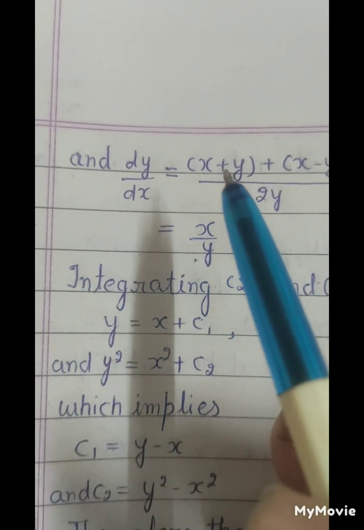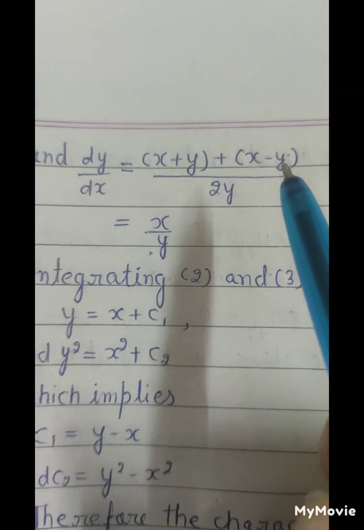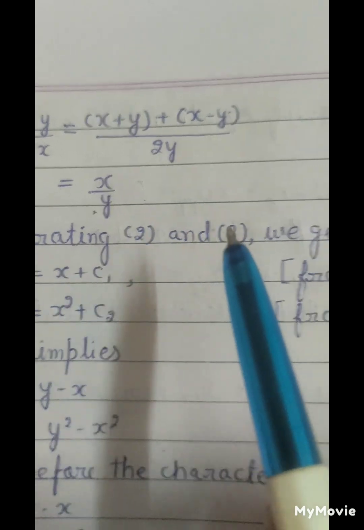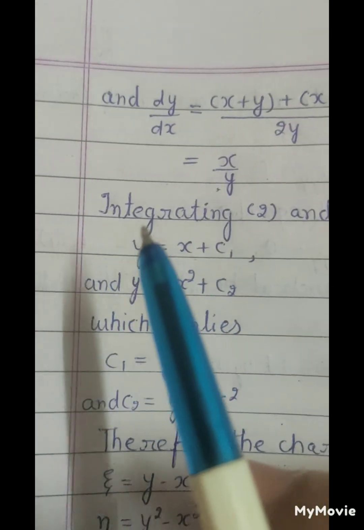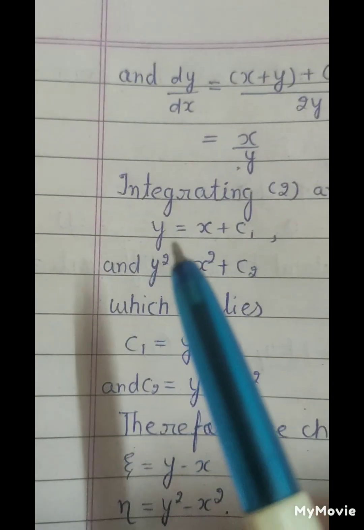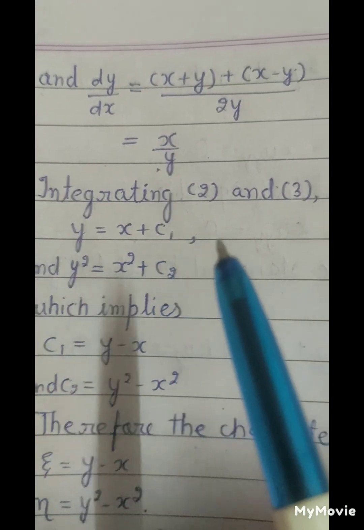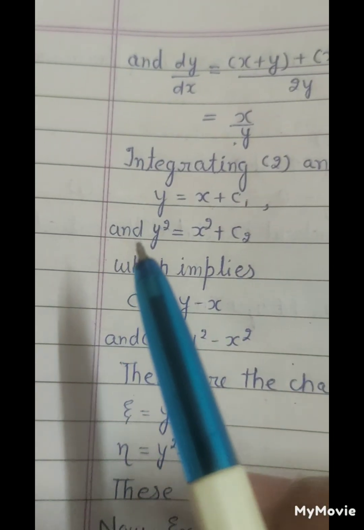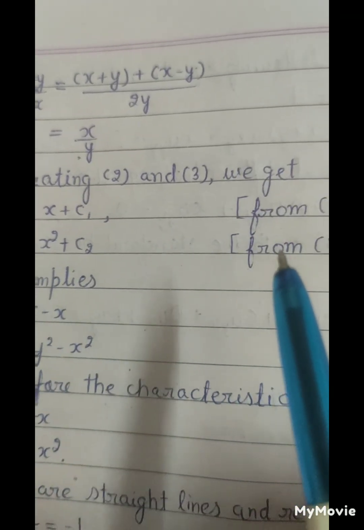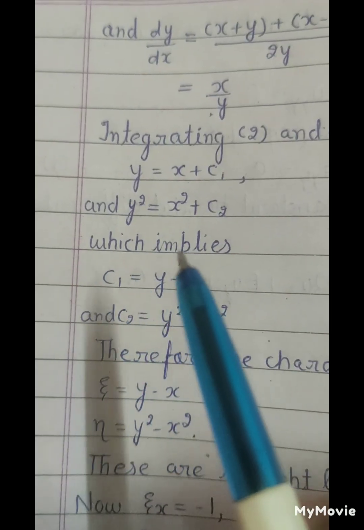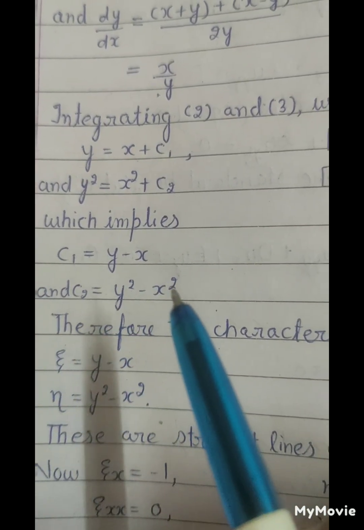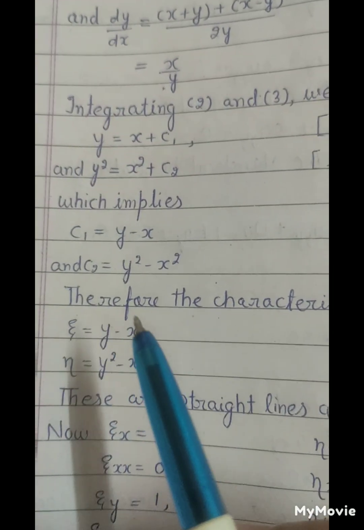And dy over dx equals (x plus y plus x minus y) over 2y equals x upon y. Equation 3. Integrating equations 2 and 3, we get y equals x plus c1 from equation 2 and y square equals x square plus c2 from equation 3, which implies c1 equals y minus x and c2 equals y square minus x square.